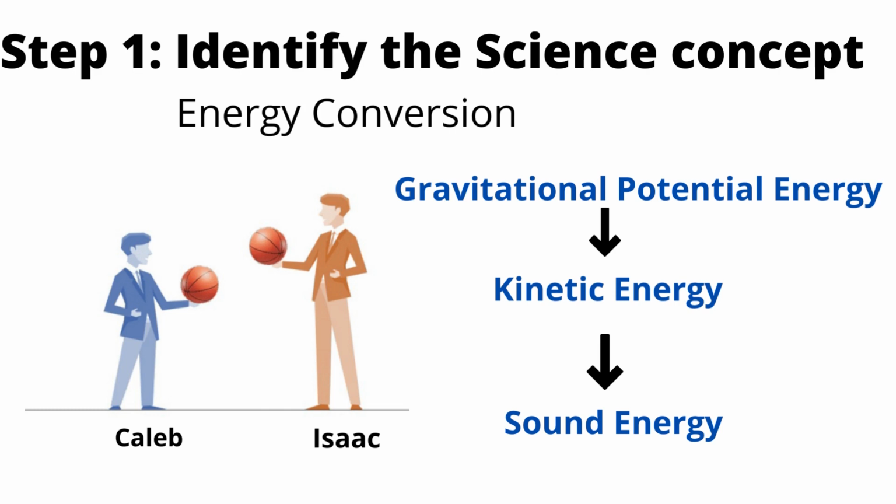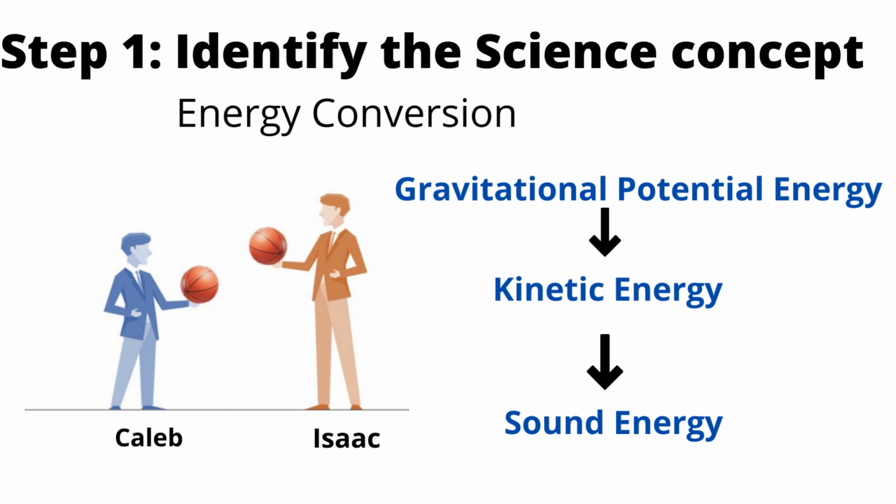Now, for the sake of this question, we're just going to make it very simplified, just talking about these three forms of energy. Actually, there could be other forms of energy, because when surfaces come into contact with one another, there is also heat energy being released, because there's friction.